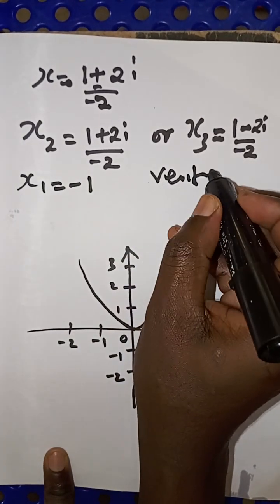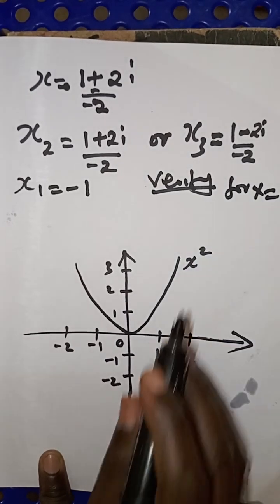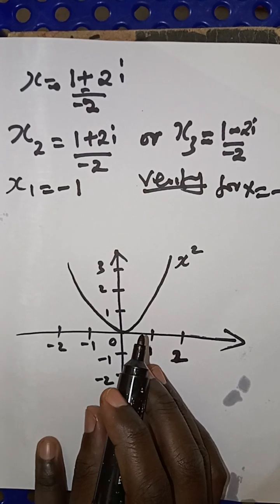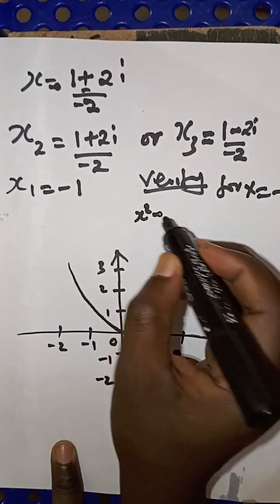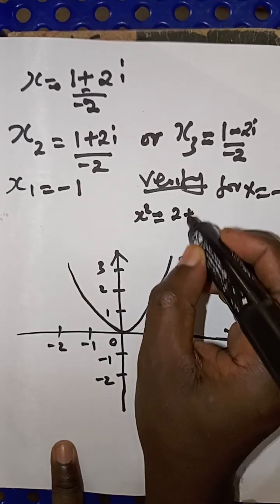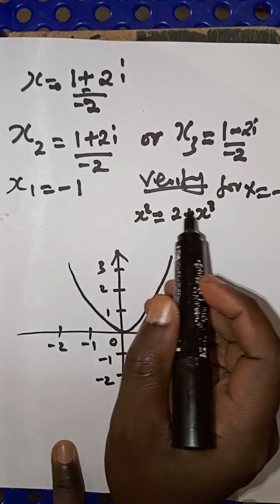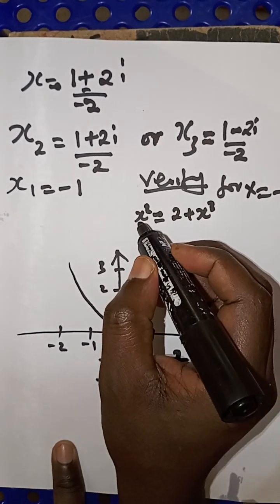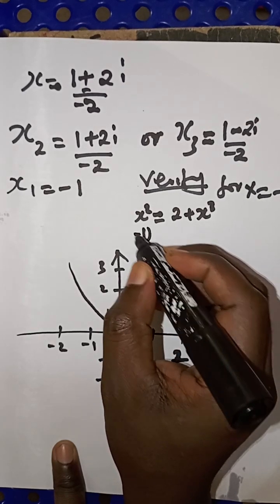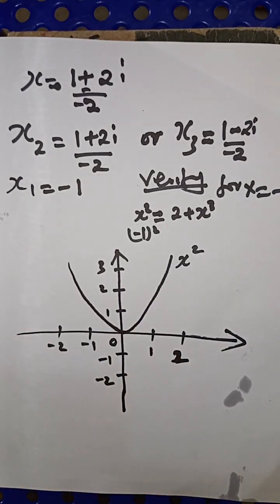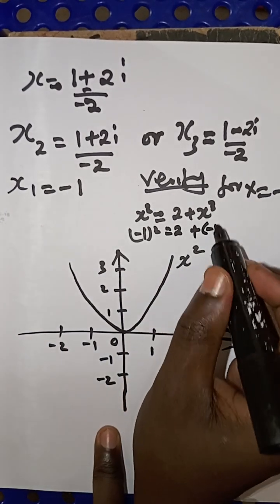This can be verified for x equals negative 1. Remember our equation was x squared equals 2 plus x cubed. So when you substitute negative 1, you're going to get negative 1 squared equals 1, equals 2 plus, in bracket, negative 1 cubed.